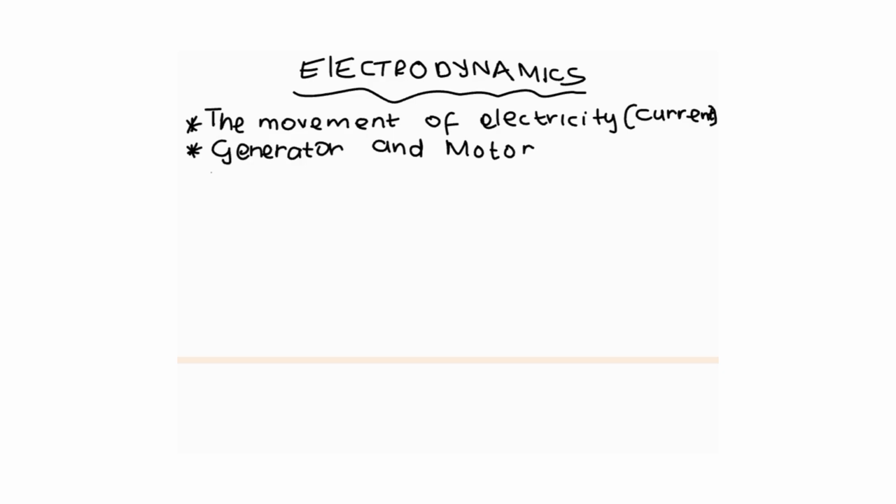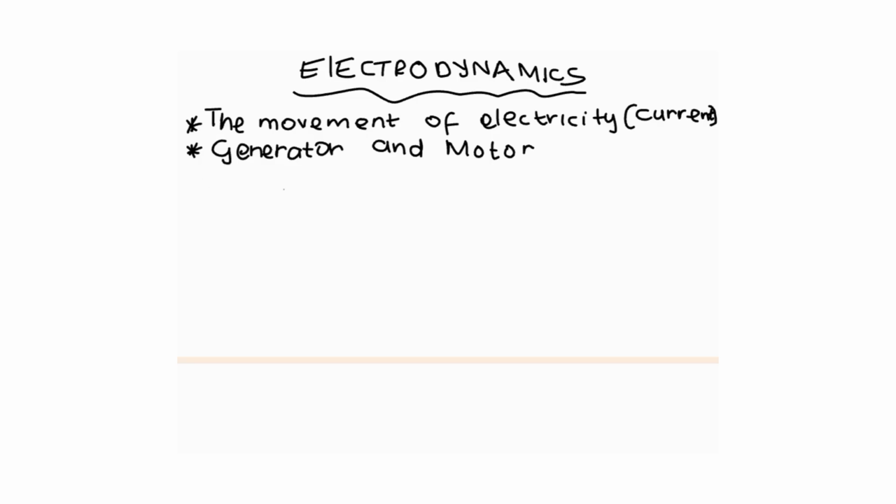We know that the magnetic field is going to induce an EMF. So under this chapter we are also going to make use of what we did in grade 11. For a generator and a motor, we are going to make use of a magnetic field and see what happens when you rotate a conductor in a magnetic field, or what happens when you put a conductor in a magnetic field and provide power to that conductor, or have a power source. The conductor is going to move.